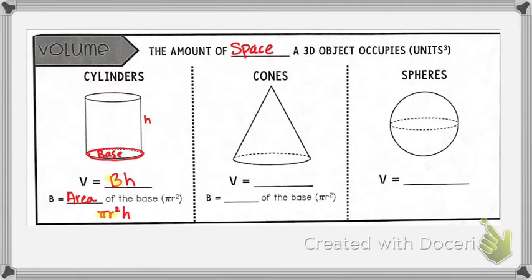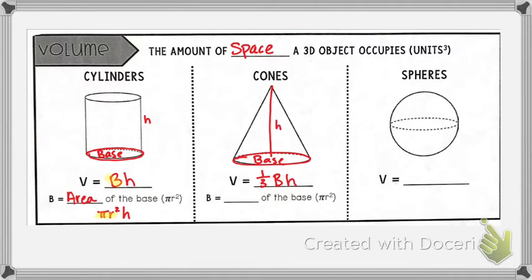For cones, the formula is volume equals 1/3 area of the base times the height. This is the base, and it is a circle, so we are using pi r squared, and the height goes from the top to the bottom of the base, all this right here.